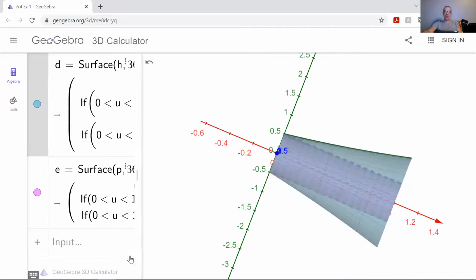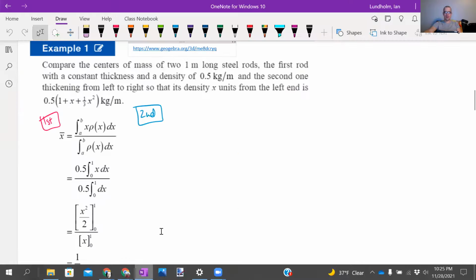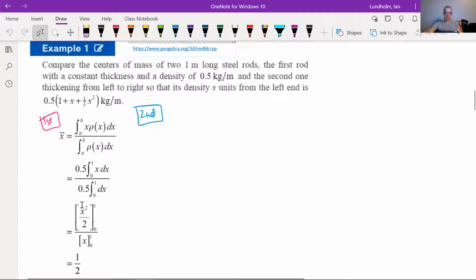But here's the idea. In order to find the center of mass of the first one, we're taking the ratio of two integrals. We've got our moment integral on top and our mass integral on the bottom. And for the one that has a constant density, and the density's 0.5 kilogram per meter, that constant just can come out in front of the integral, and the integral works out pretty simply.